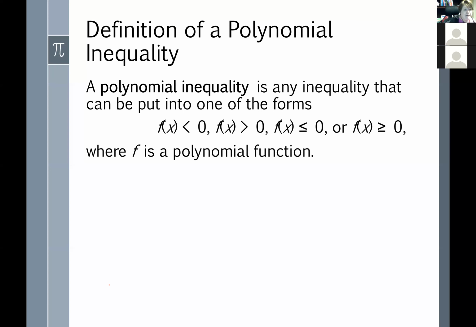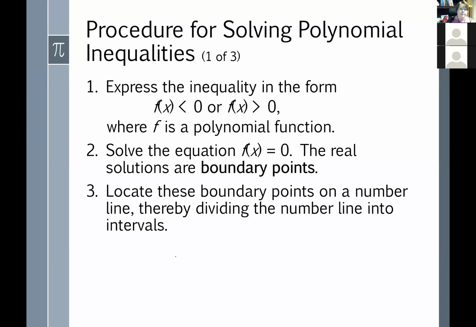So how do you do this? You first set it up so that the function fits this form. You either have 0 on the right-hand side and less than, or you have 0 on the right-hand side and greater than. Then to find these things we call boundary points, you set the function equal to 0 and solve the equation.